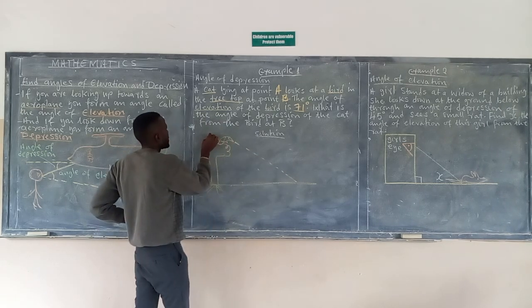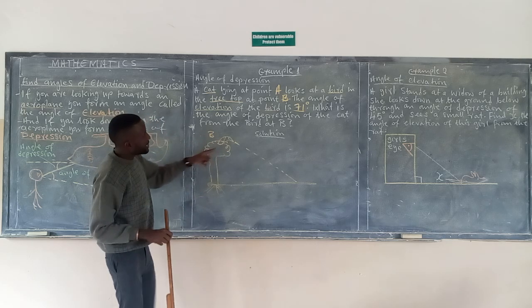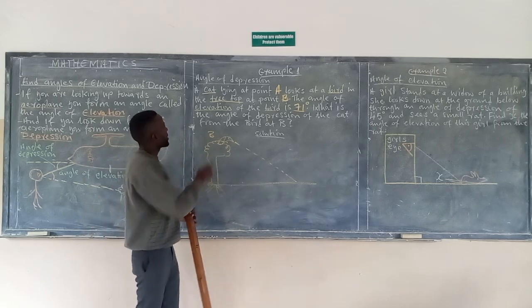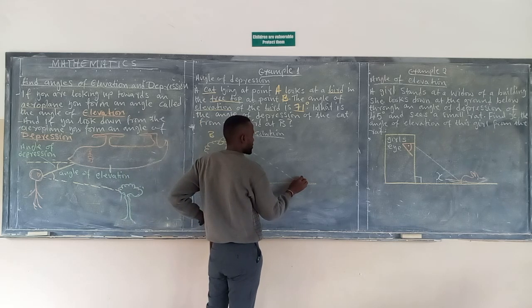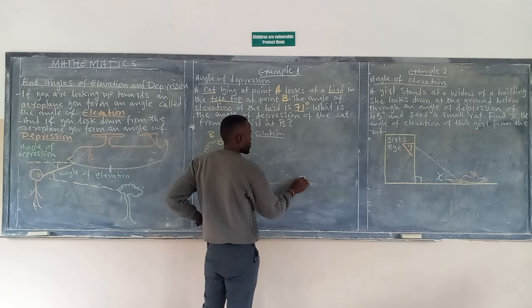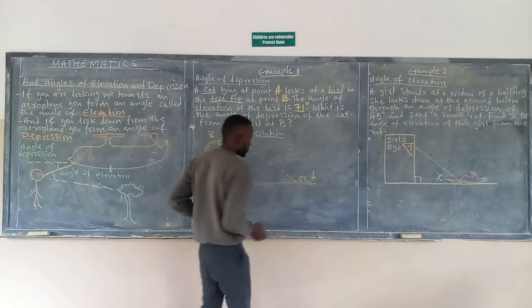Okay, this is my point C. The bird is on point B. So the bird looks down where the cat is. Now this is where the cat is. So let me just draw the cat's head. Okay, don't mind my drawing. I'm just sketching. So this is the cat's head. So this is point A.